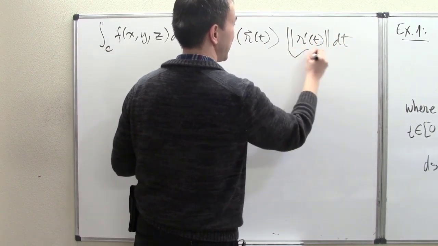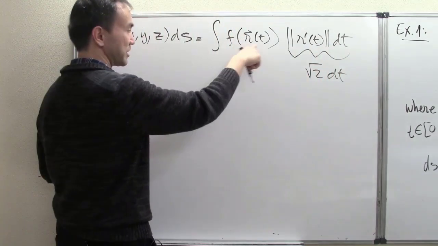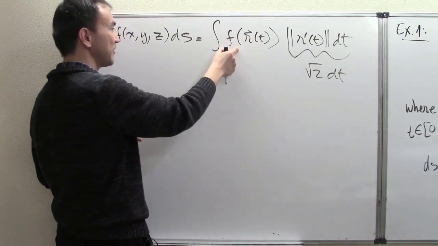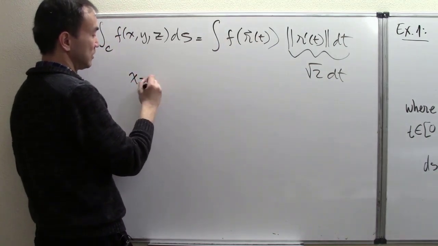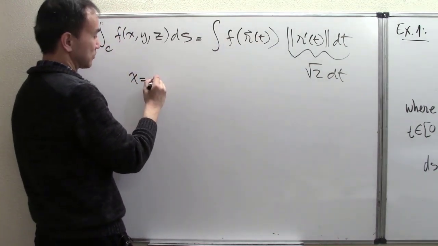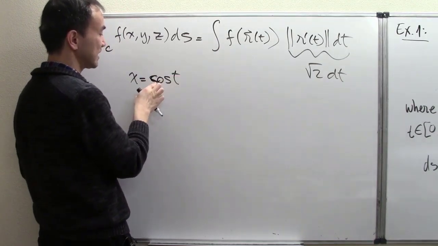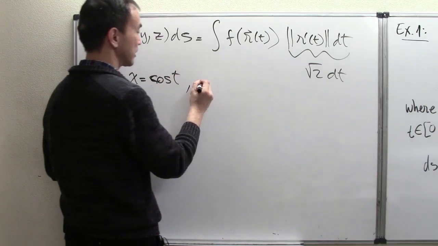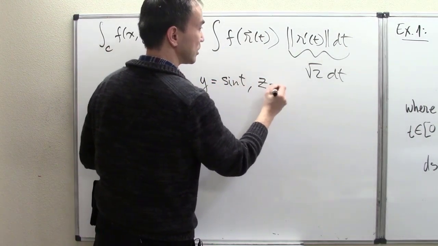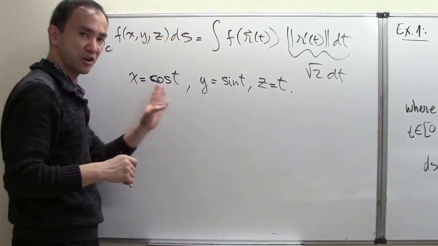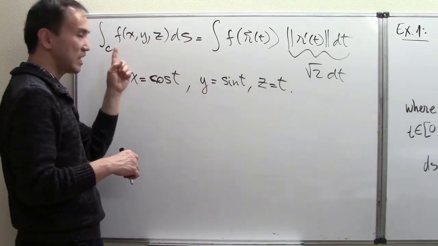We have already found this to be square root of 2 dt. But see, r of t right here is substituted inside of f. That means we're going to let x equal cosine of t, because that's the parameterization for that. And we're going to let y equal sine of t, and we're going to let z equal t. That's the parameterization for this current curve.